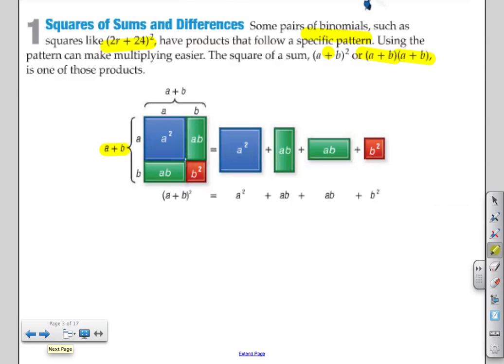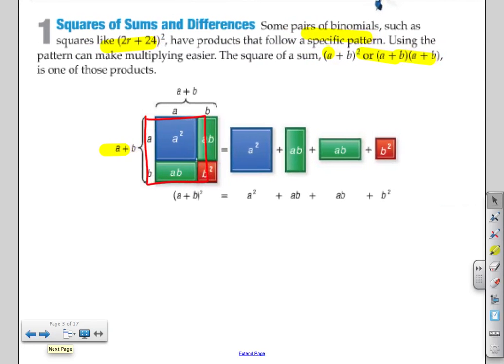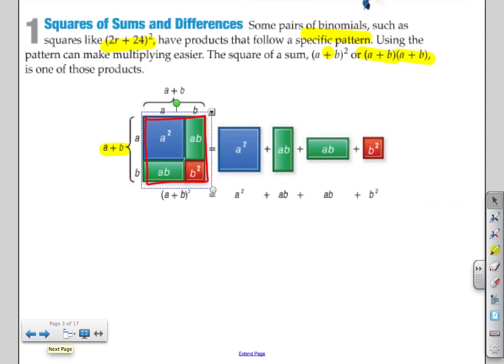And we have, as if we were looking at a square where all the sides were the same, okay? And we have a plus b over here. There we go. We have a plus b on this side, right?